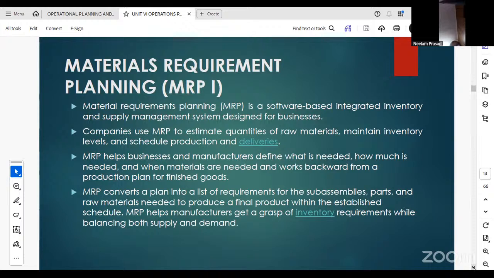So the question here is how you will manage this supply and demand. What will be the demand and how much should you keep for it? What should you produce? Because it is a computer-based system, it is helping you in doing that. The calculation will also be fast, and the amount of data it can handle will be huge, which manually is just not possible.